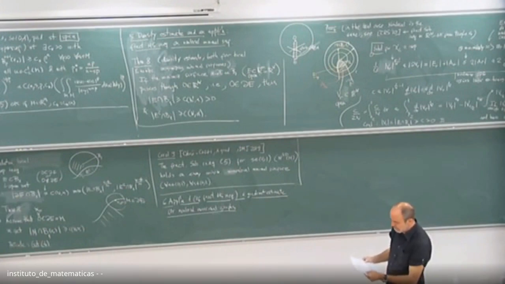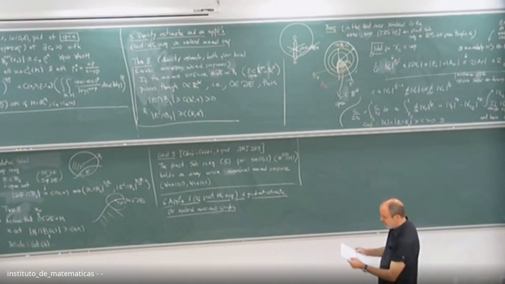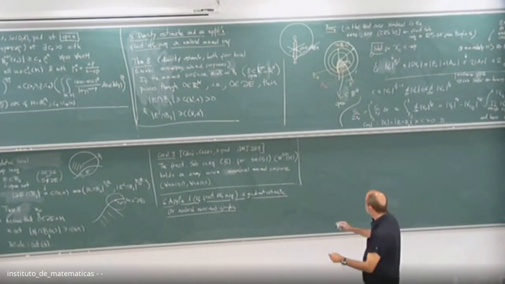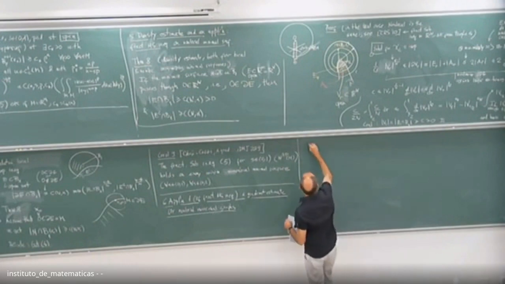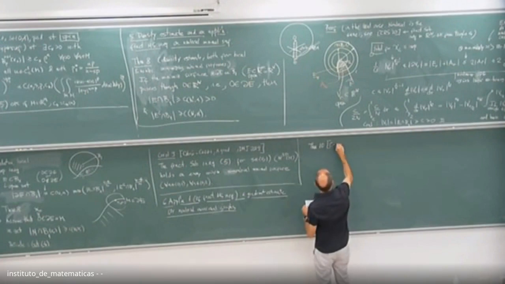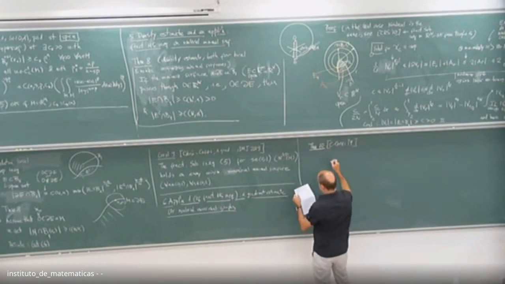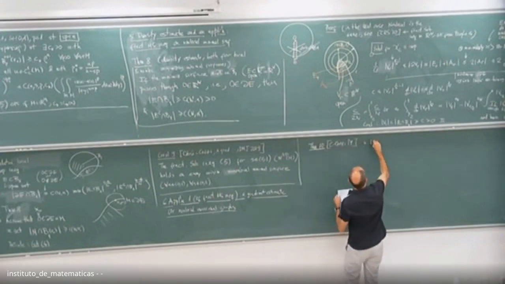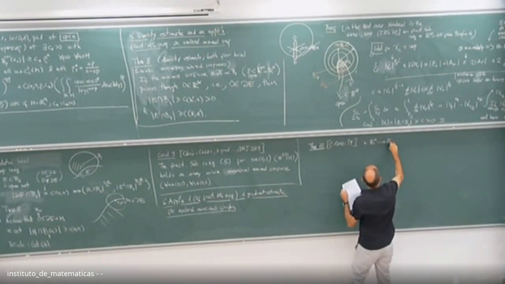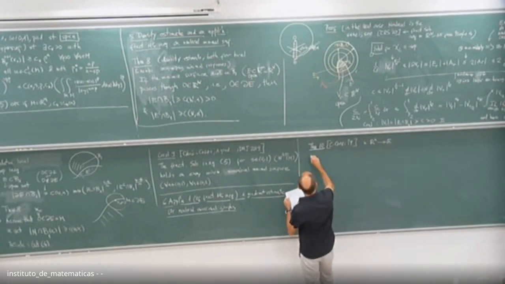So Theorem 10. This is the paper with Matteo, 2019. The theorem says: you give me a function from R^n to R, and I'm going to look at its graph, or the subgraph.